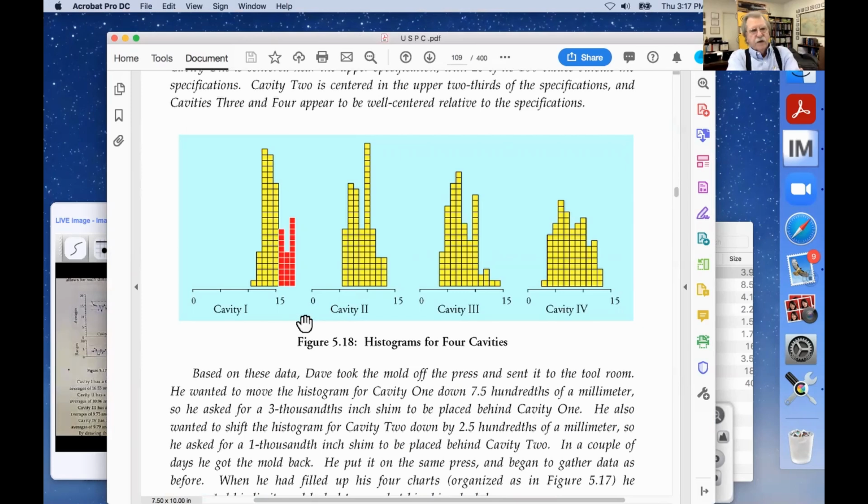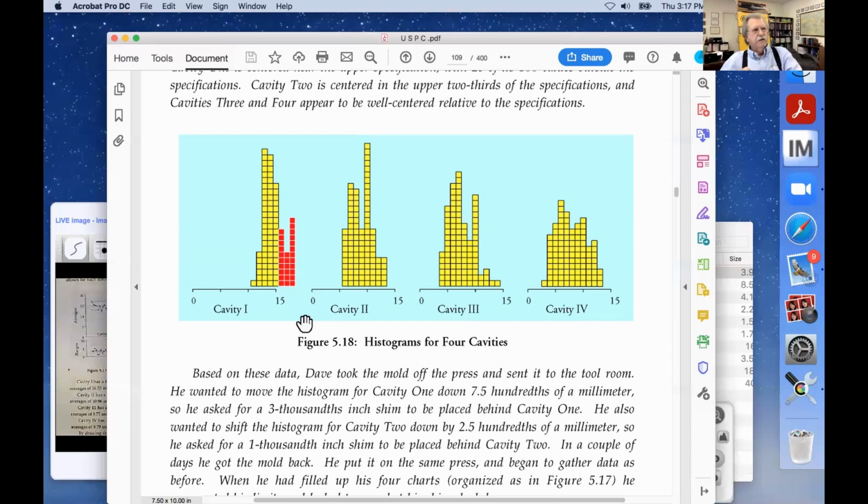So he wanted to move the average for cavity 1 down about 7.5 hundredths of a millimeter, which is 3/1000ths of an inch. And he wanted to pull the average for cavity 2 down. He wanted to leave cavities 3 and 4 alone because they're already pretty well centered in the specs.